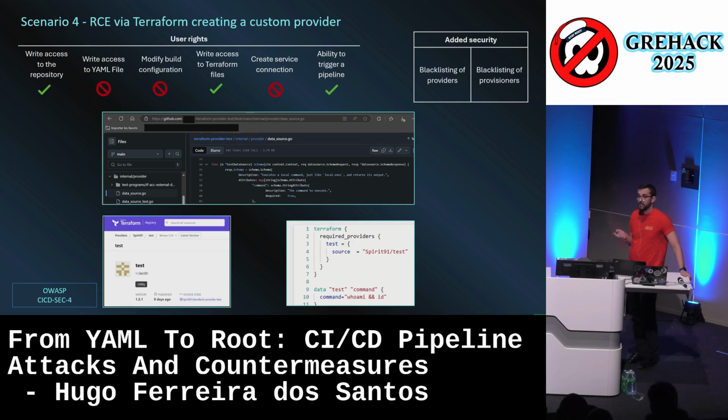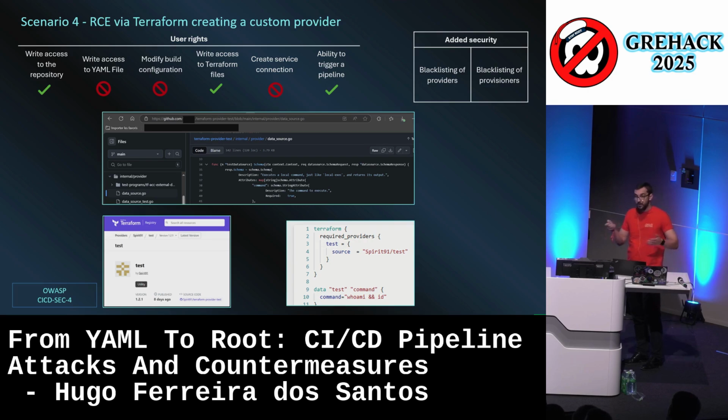Again, you just have to read the documentation inside the HashiCorp registry. It's pretty complete, pretty easy. So what I did at the end is add a new provider called test from Spirit 91 test and use it as a data source test, command whoami and id, and it works also.